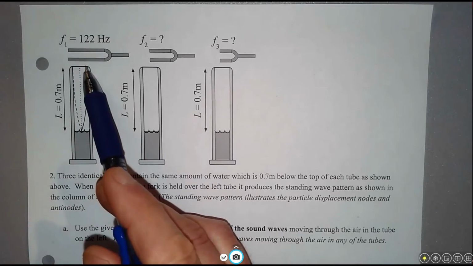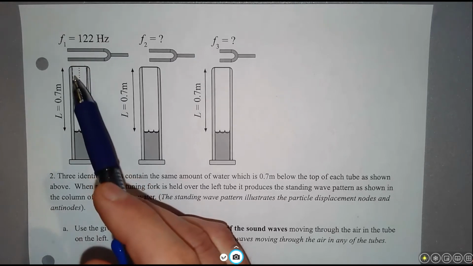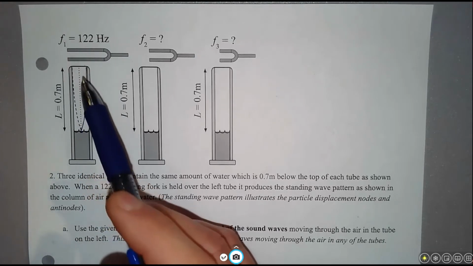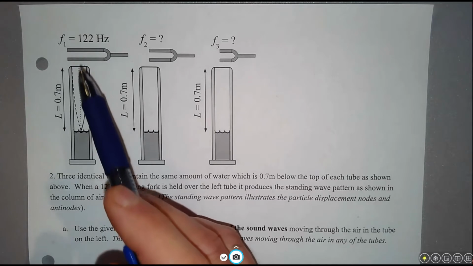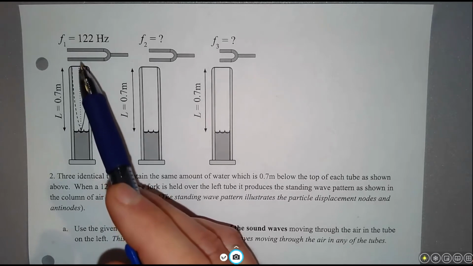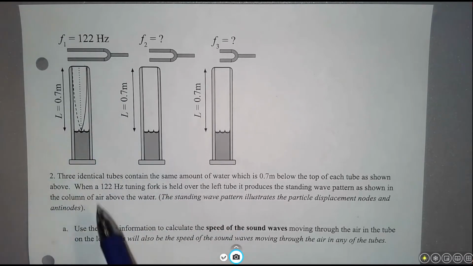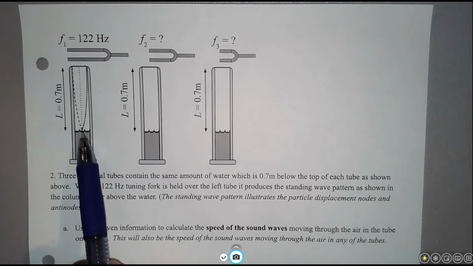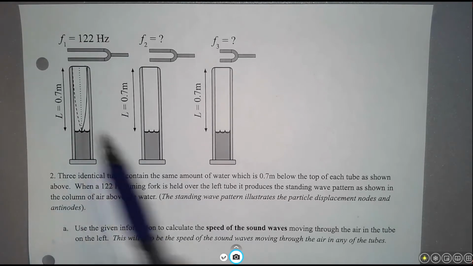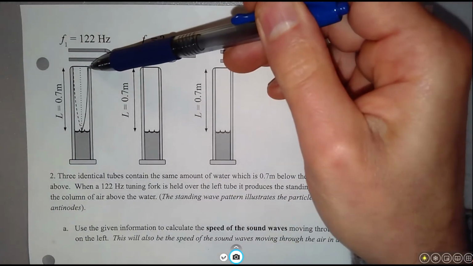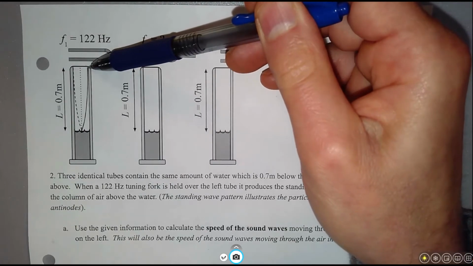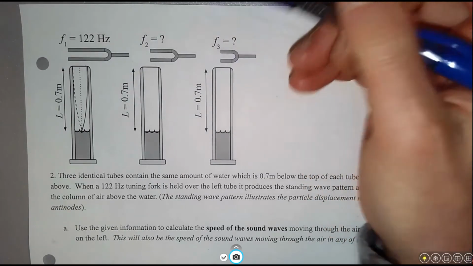And at the open end, the air gets displaced the most, but its density changes the least, and so the pressure is maintained at about equilibrium right there. But I find it easy to represent the displacement nodes, where it's not shaking back and forth from equilibrium, and the displacement antinodes, where it is just being disturbed the most from equilibrium.